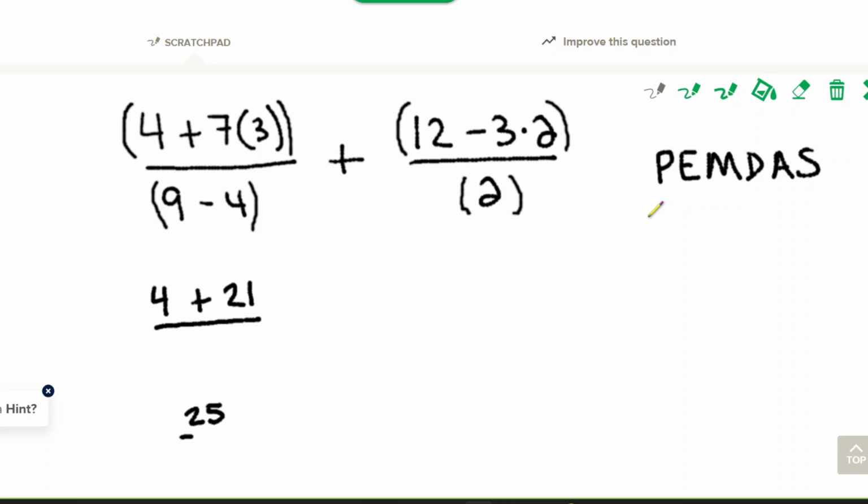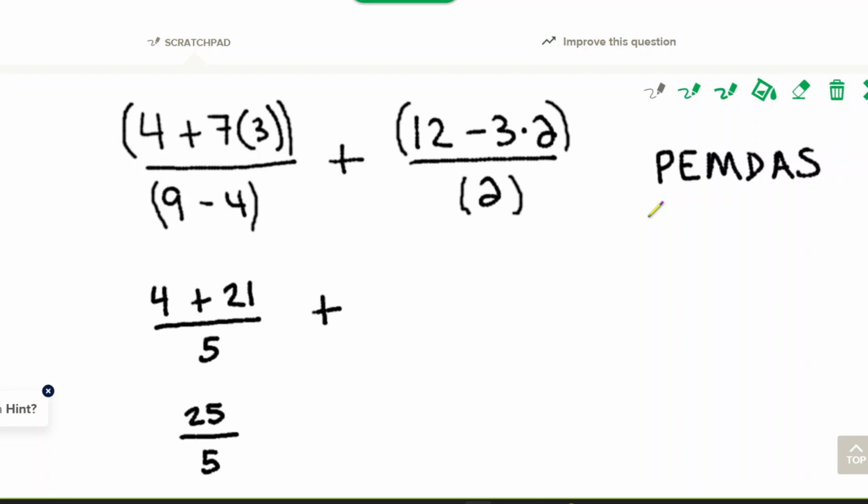And so you got the fraction, then you got the fraction bar still. And then in the denominator of the first fraction, 9 minus 4, that's just 5. And so we have 25 divided by 5 for this first fraction, and we will simplify that in a minute. 5 does go into 25 evenly, but we'll get there in a minute. Plus, and then I do the very same thing for the next fraction.